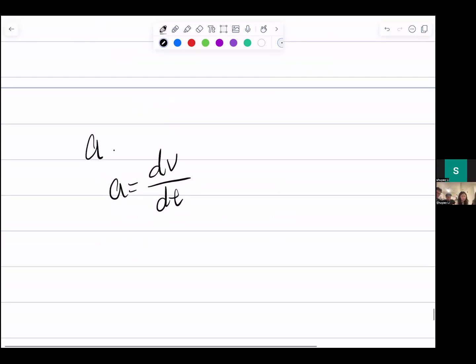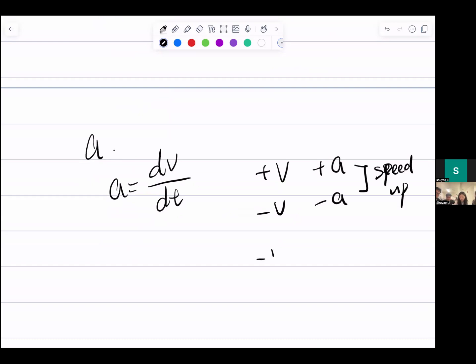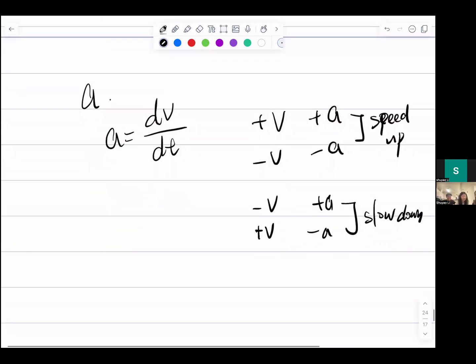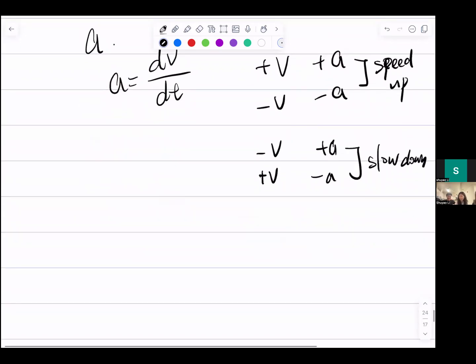Another important thing is when velocity and acceleration are in the same direction, so when they're both positive or both negative, you speed up. When they're different, you slow down, because they're going in different directions. I think I get it now.